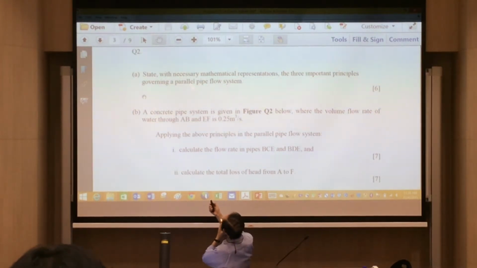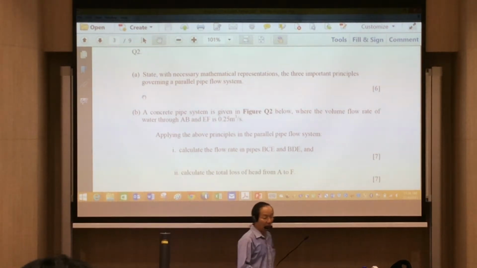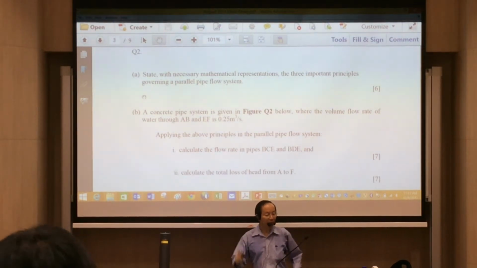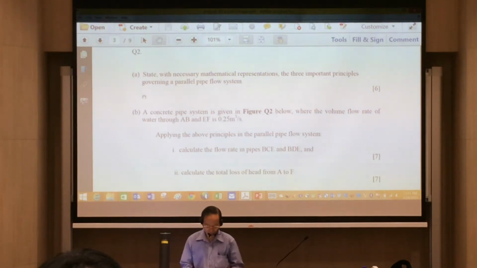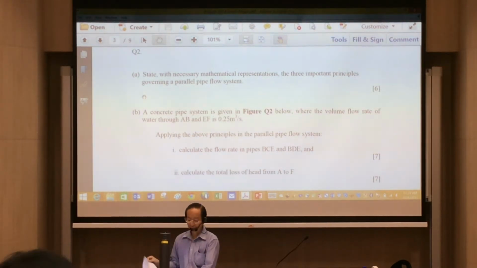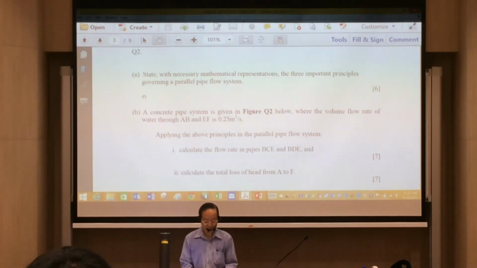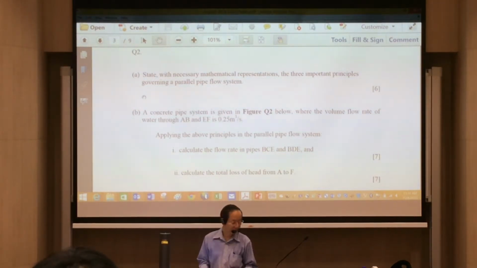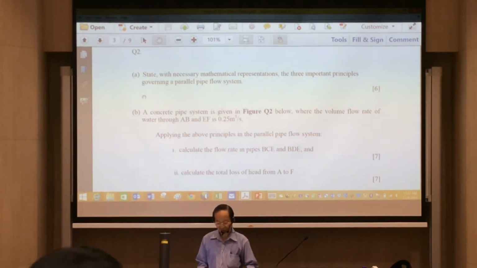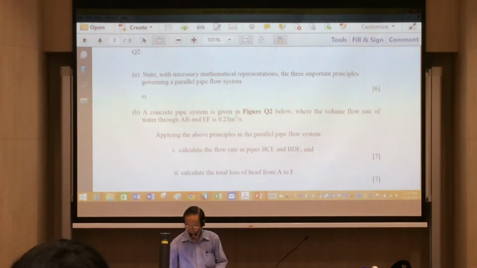State, with necessary mathematical representation, the 3 important principles governing a parallel pipe flow system. Can anybody tell us what the 3 important principles governing a pipe flow system are? What is the first important principle? Anybody?